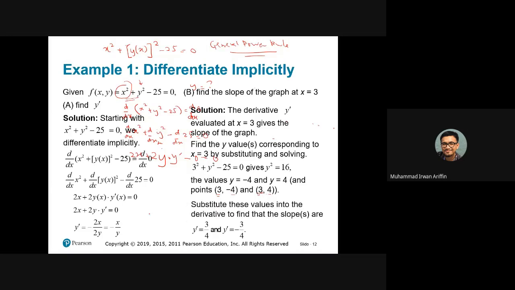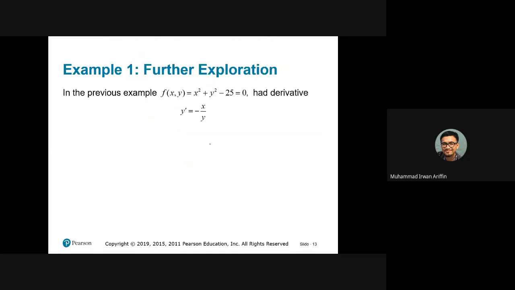Now the slope of the graph when x equals 3: the graph is located at 2 points, and at each of these 2 points, they have different slopes. One is positive, the other one is negative. Positive 3 over 4 and negative 3 over 4.